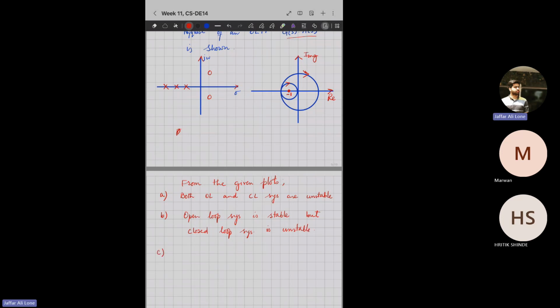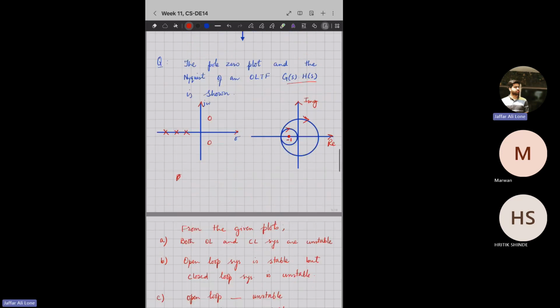Option C: open loop is unstable, but closed loop is stable. Option D: both are stable. Both open loop and closed loop systems are stable. Okay.